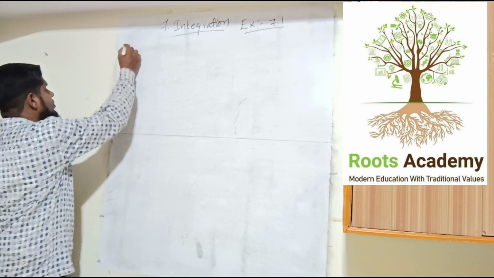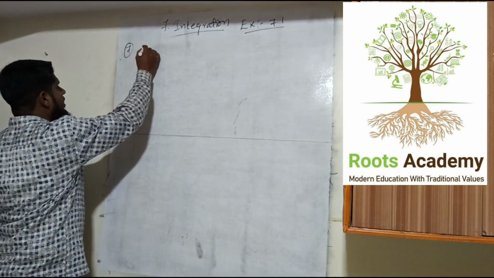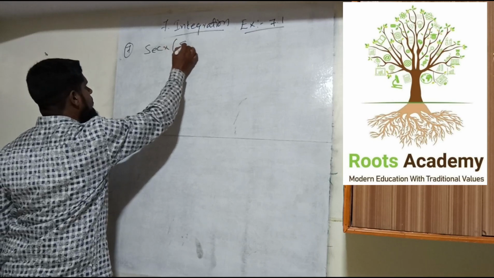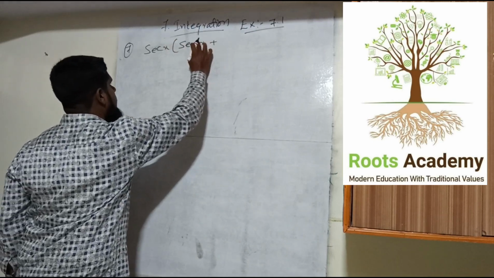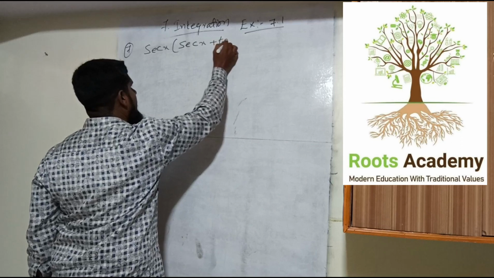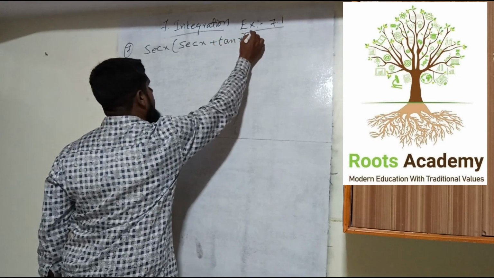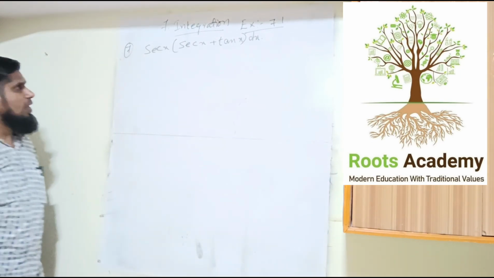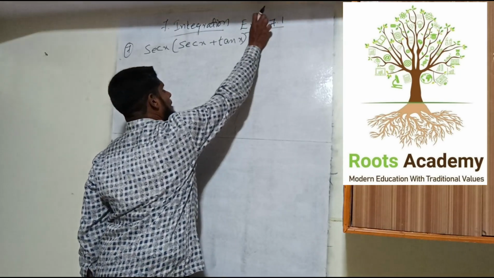Okay students, let us go to the next problem. Find the integral of secant x into (secant x plus tan x) dx. I'm sorry, there is no dx in the question.